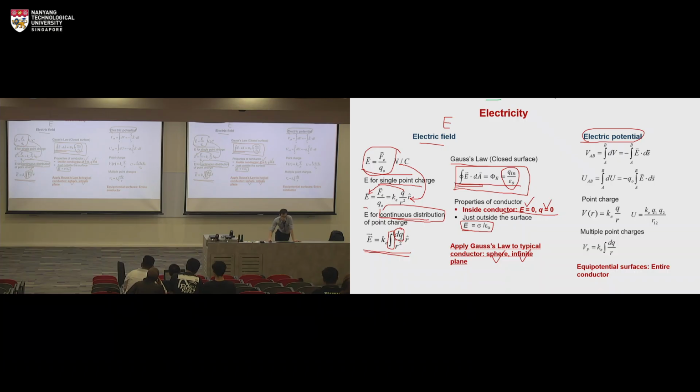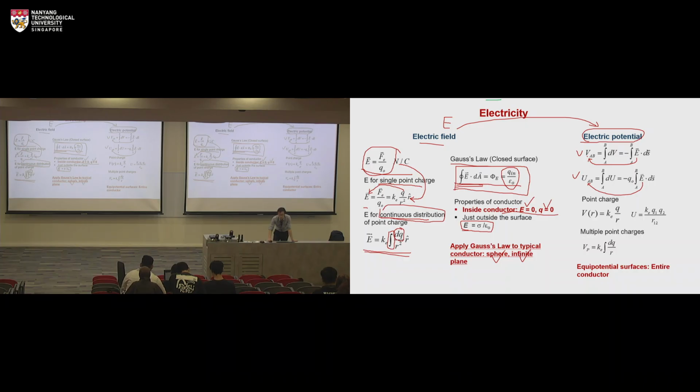Then for sure, there will be some direct relation, let's say from E to V, or E to U. U is the potential energy, V is the potential, electrical potential. Again, these two parameters are defined by definition.